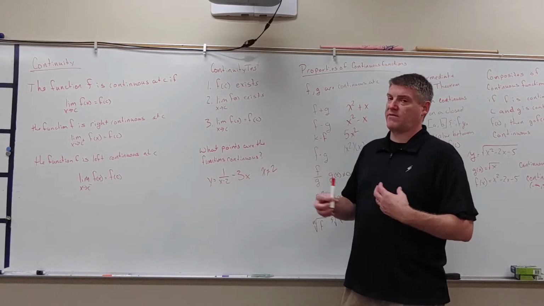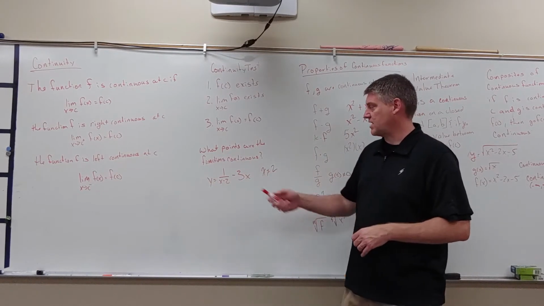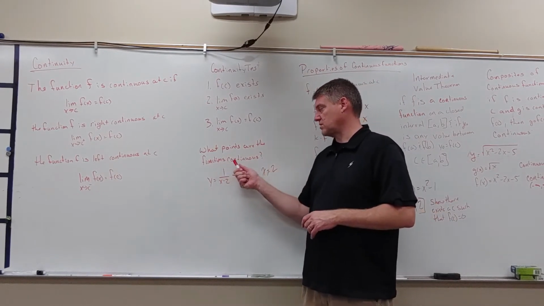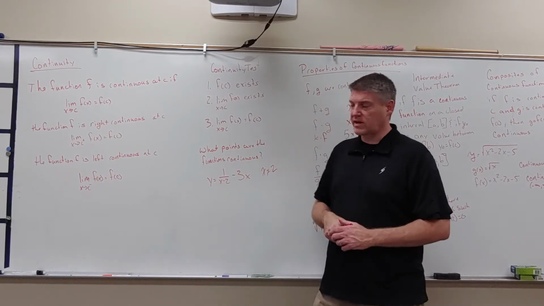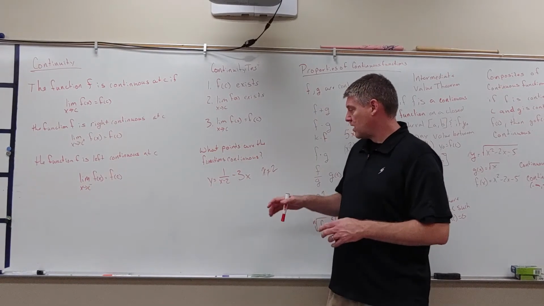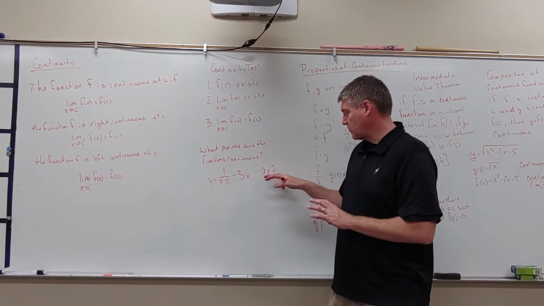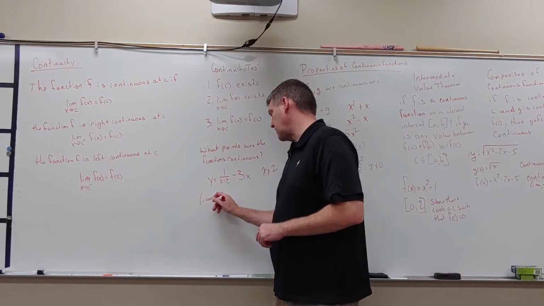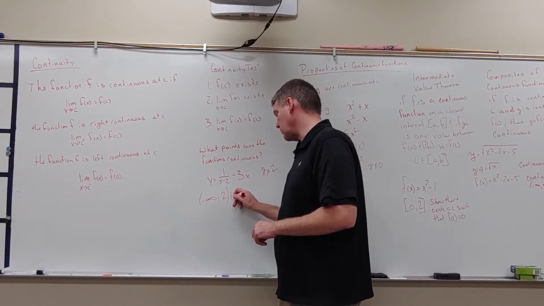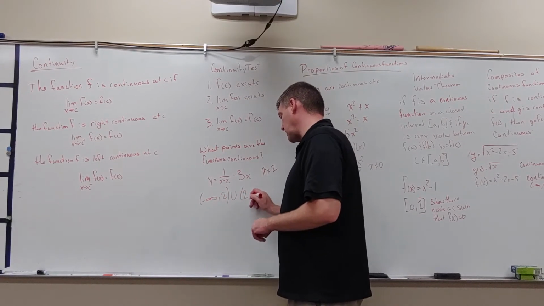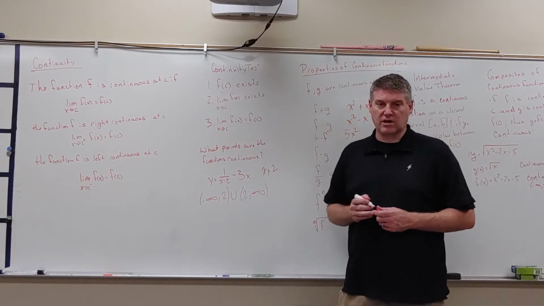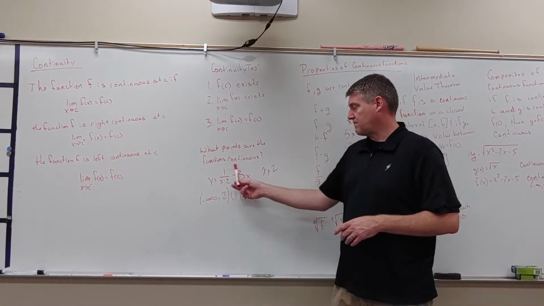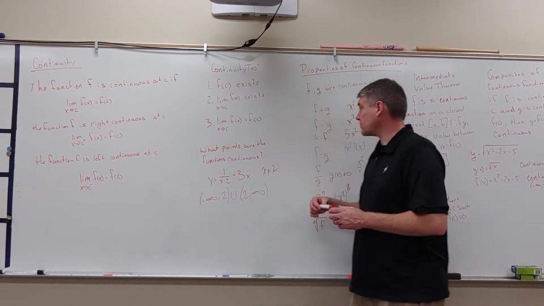But the question doesn't ask what values I can't have. It asks at what points the function is continuous. So I can plug in all the values but 2. So I go from negative infinity up to 2, union 2 to infinity. All the other points are going to make this function continuous.